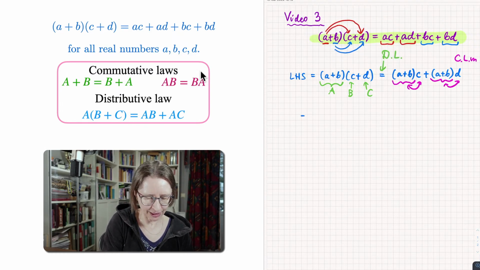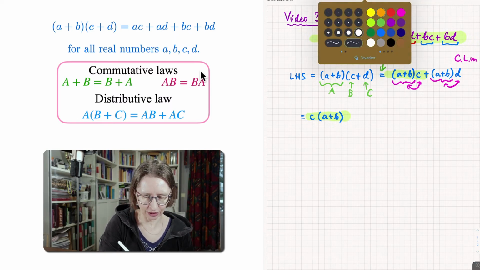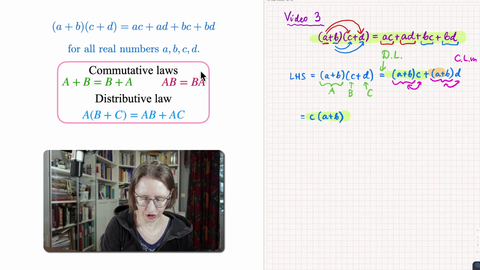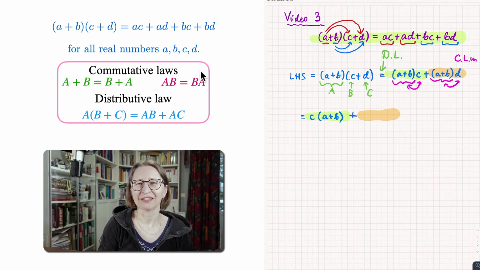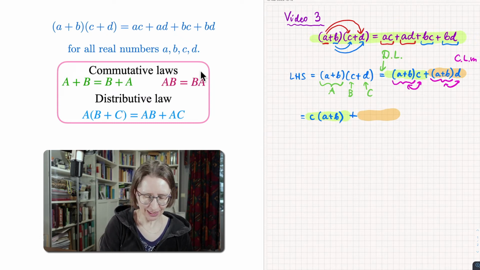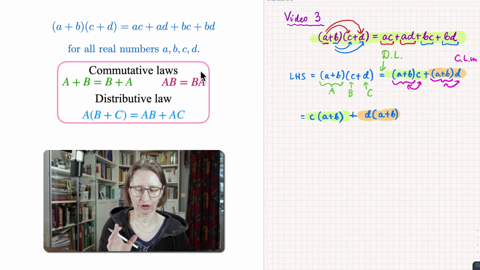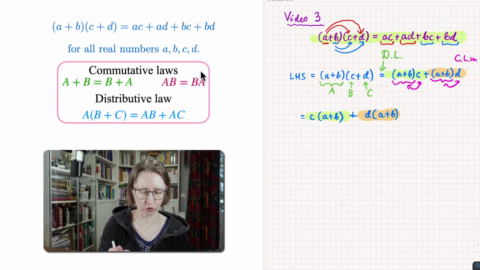So first application of this law will tell me that this first one here is the same as c times (a + b). And the second application of this commutative law for multiplication tells me that (a + b) times d is equal to d times (a + b). So here I applied the commutative law for multiplication twice.